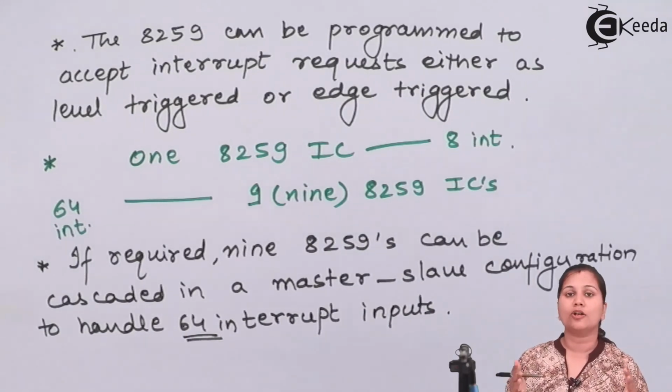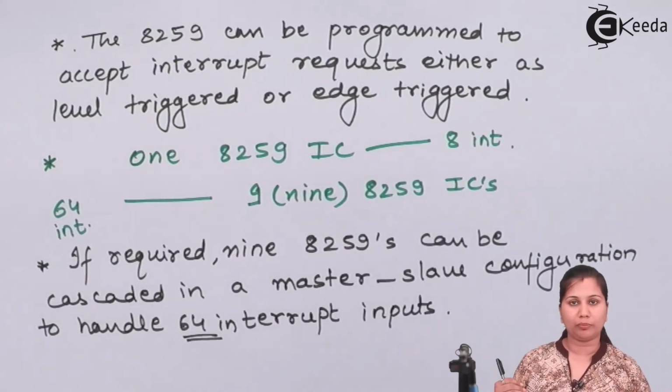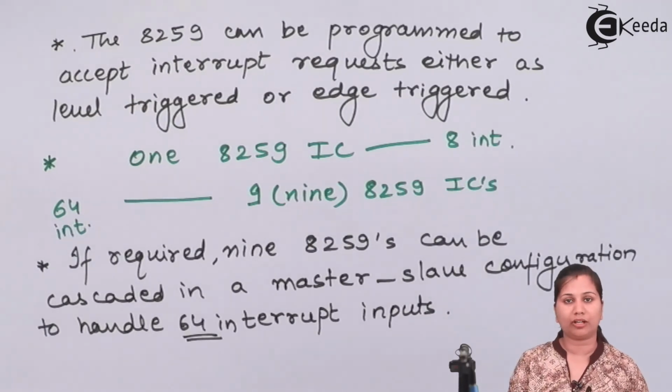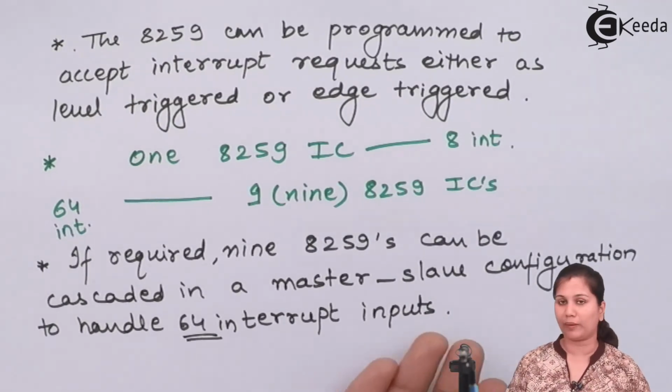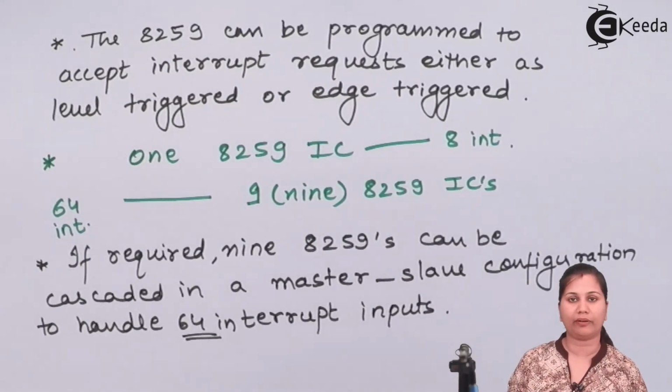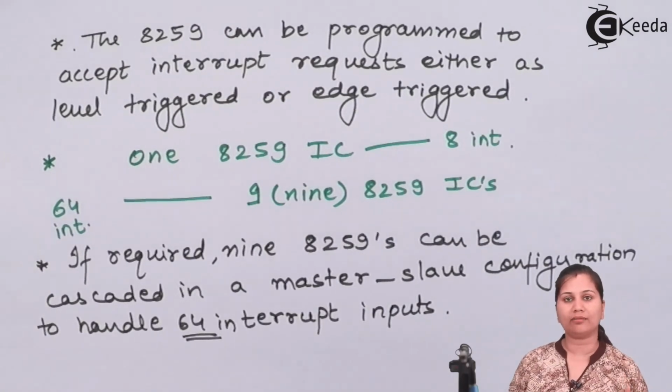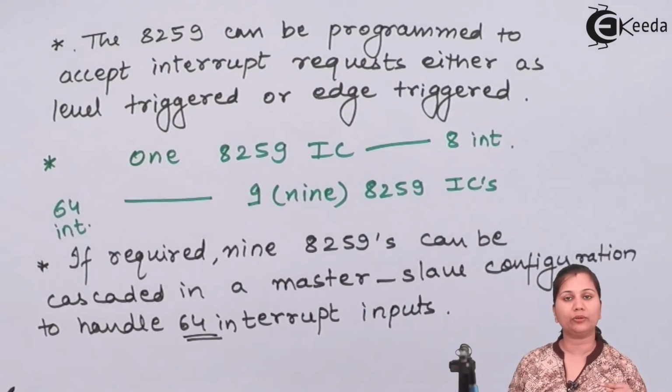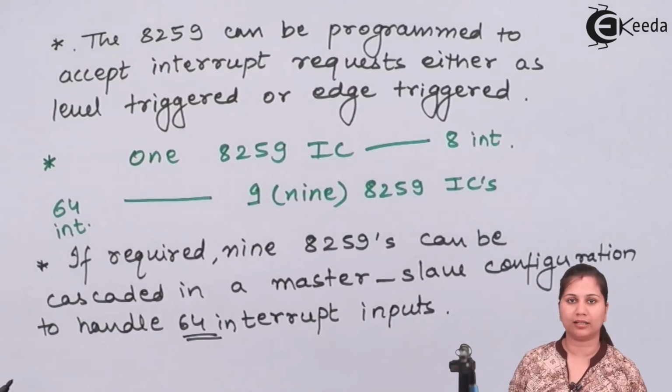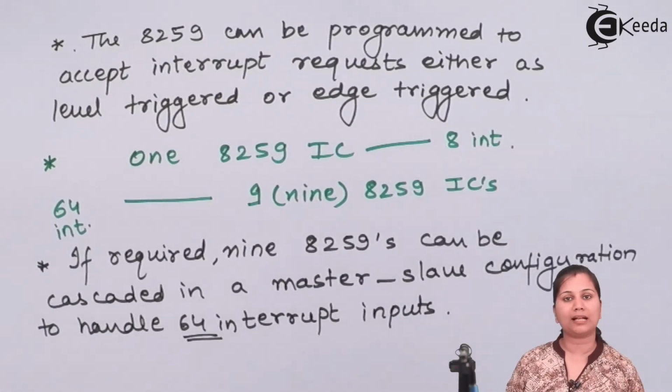So the input output devices which are sending the interrupt request will send their request to the slave 8259, and those slave 8259s are going to send the request to the master 8259, and this master 8259 IC is then going to give the INTR interrupt request to the microprocessor.